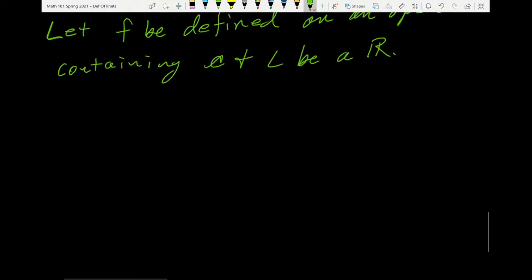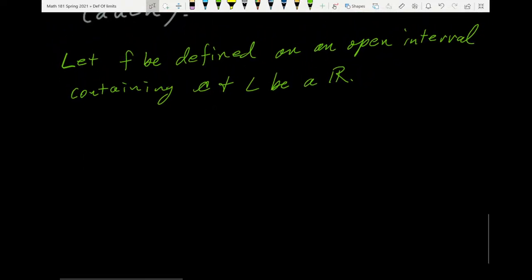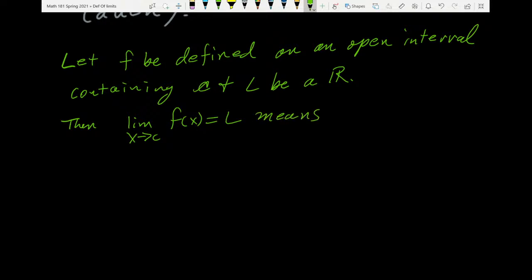So then limit as x goes to C of f of x equals L. What does it mean mathematically?